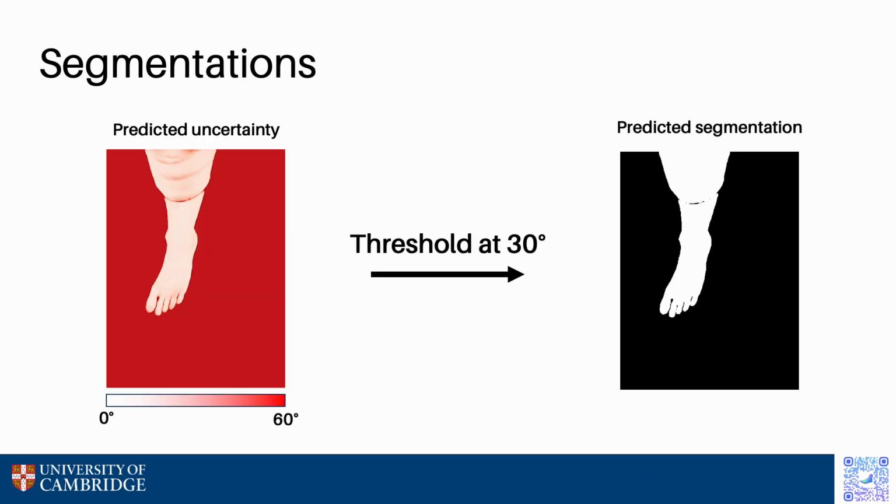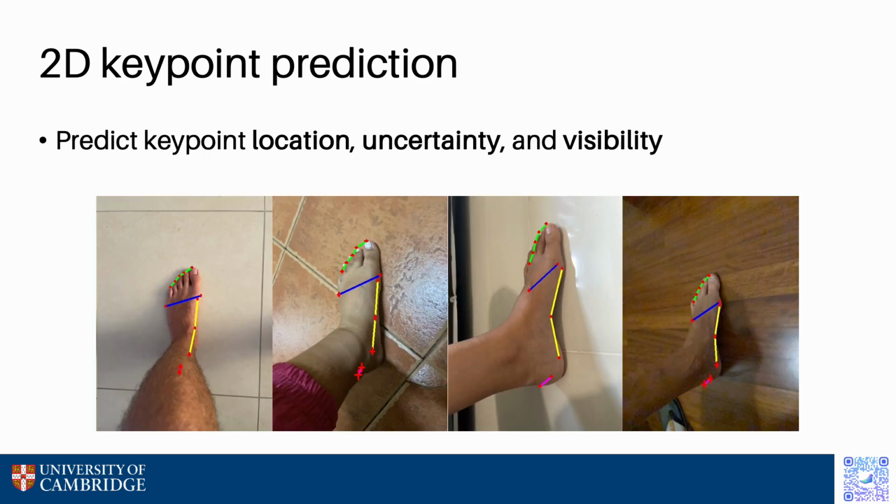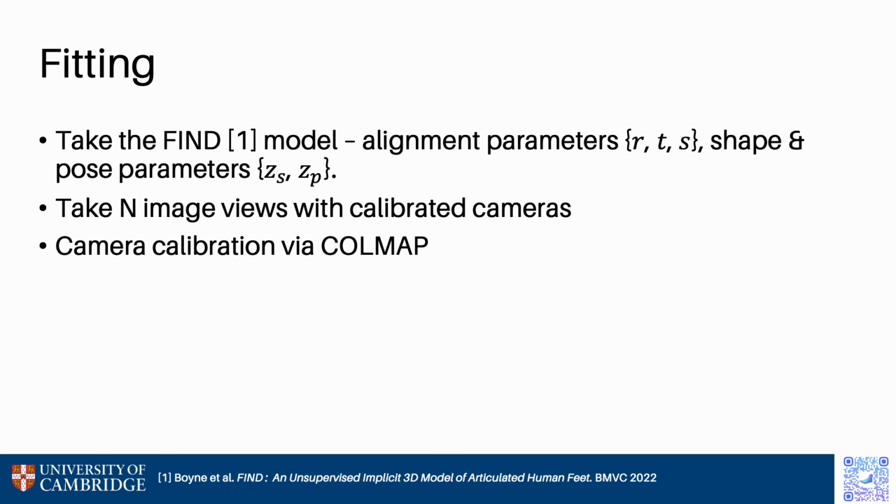We obtain segmentations by thresholding our predicted normal uncertainties. We also train a 2D predictor to predict keypoint location, uncertainty, and visibility for the keypoints included in our synthetic dataset. We now have the tools we need to implement our FOUND method.